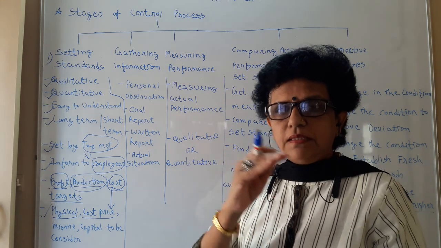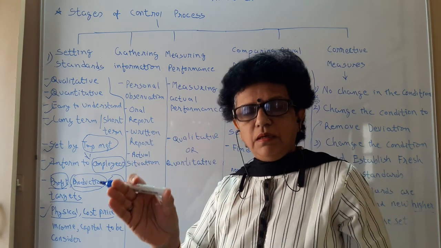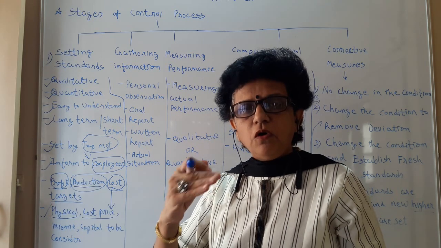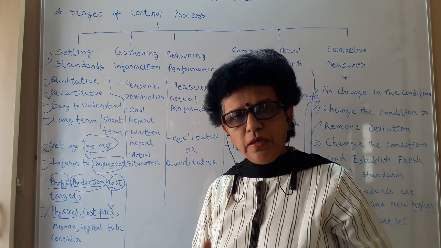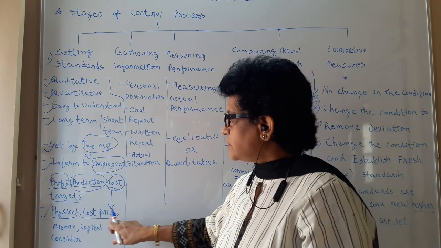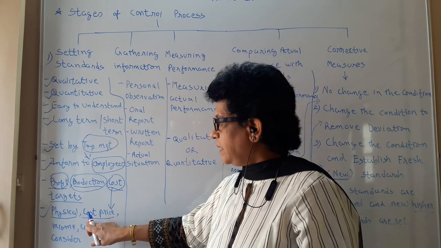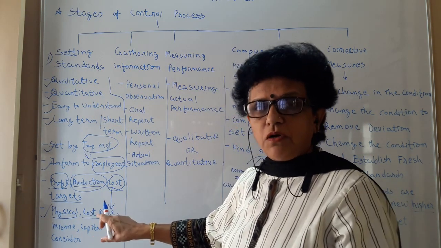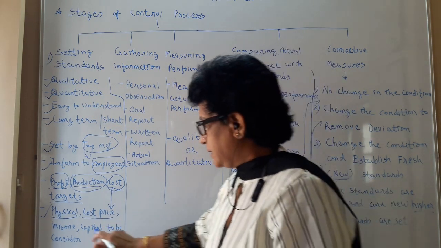If the competitors are selling at a particular rate, you can't exceed that rate. And if you do, nobody will buy your product, so you will be in trouble. So the cost price of the product also has to be kept in mind at the time of setting the standard, that our cost should not exceed a limit.